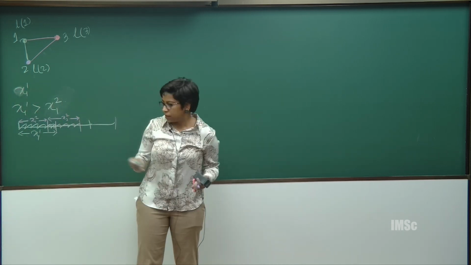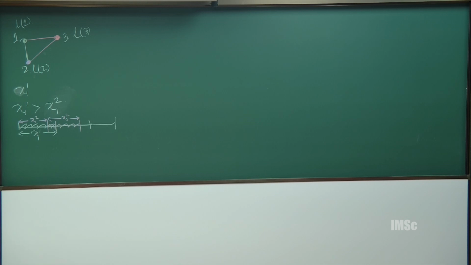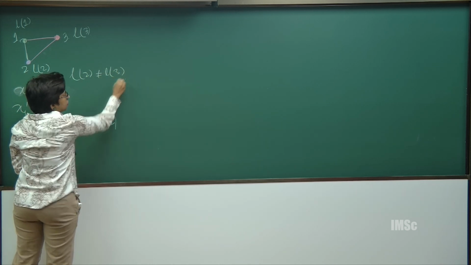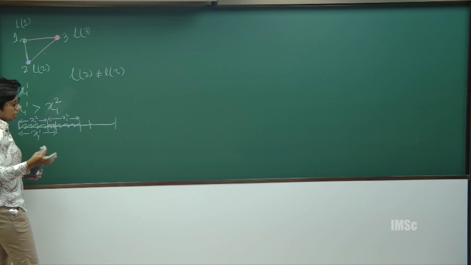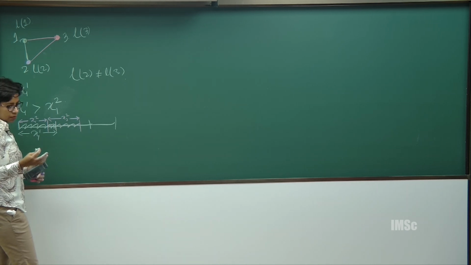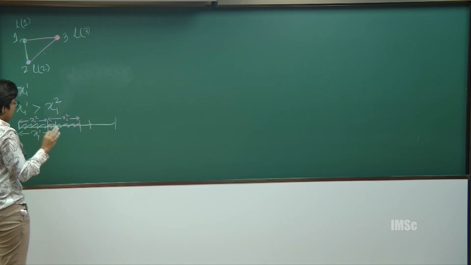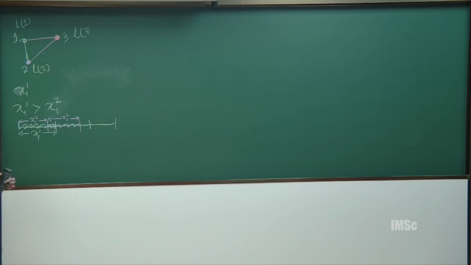Do you see why this labeling is bijective, it is a permutation, meaning L2 and L3 can't be the same? Okay, let us take this thing. Can L2 and L3 be the same?